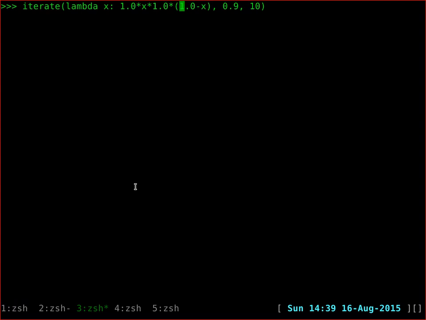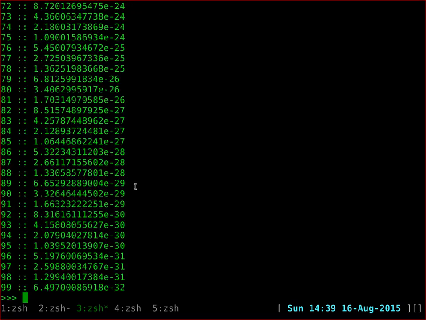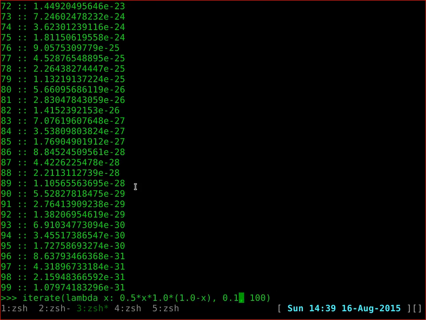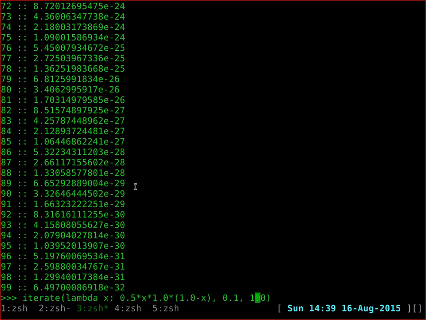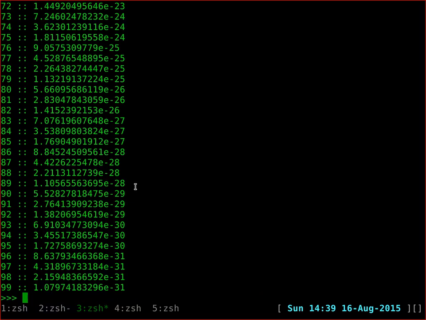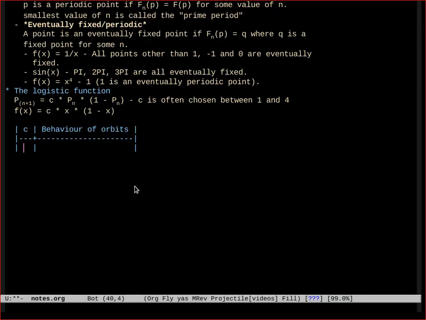Suppose I take c as 0.5, and I'm going to start with, let's say, 100 iterations. It's becoming very, very small. If you try small ones, no matter what, it seems to tend towards 0. So for c is 0.5, all orbits tend to 0.